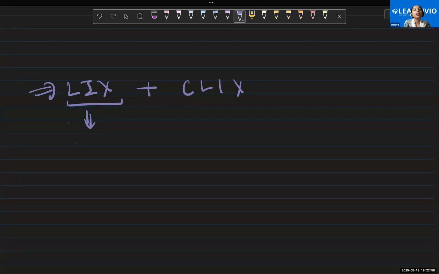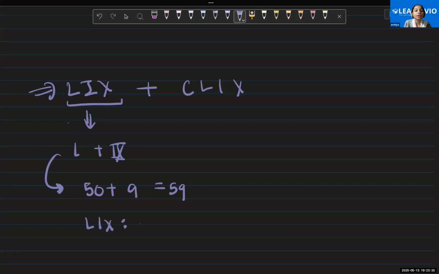So what is L? L plus IX. L is 50. Plus IX is 9. So this becomes 59. 50 plus 9 is 59. So our LIX is 59.